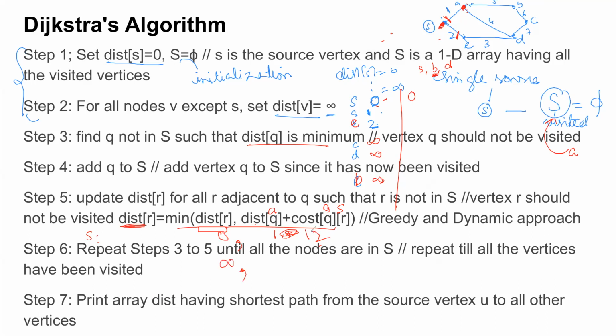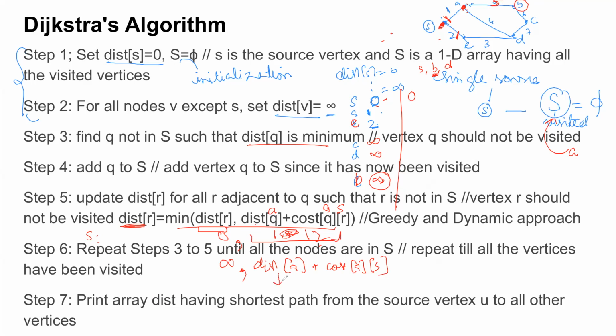Now apply this formula and tell me the cost via A to reach B. The existing cost was infinity, but what is the updated cost? You have distance of A plus cost of AB.